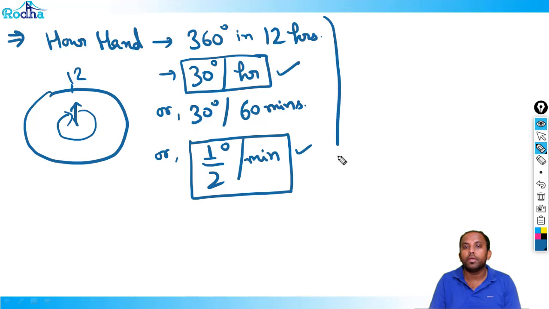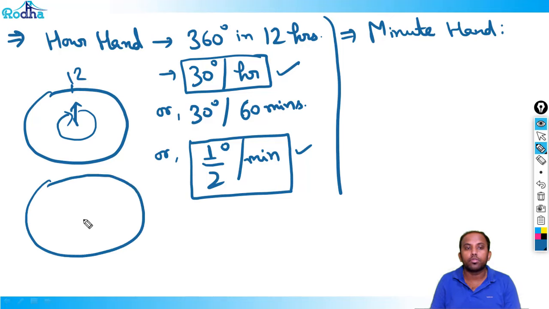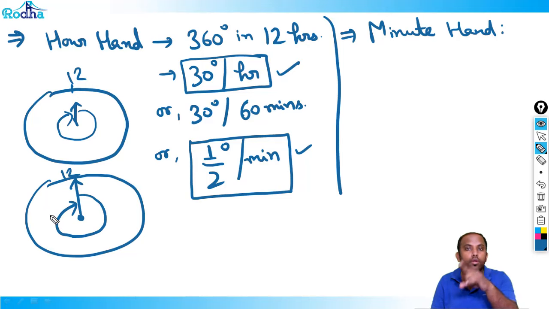By what rate is the minute hand moving? In the same clock, the minute hand moves like this. Suppose the minute hand is at 12 right now. In 60 minutes it covers the full 360 degrees, reaching from 12 to 12.